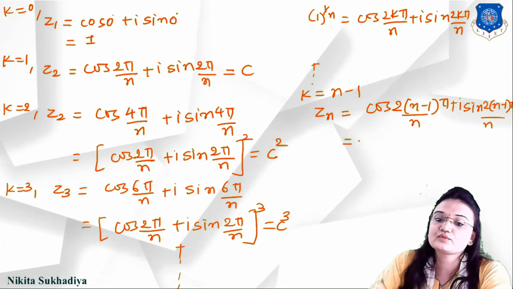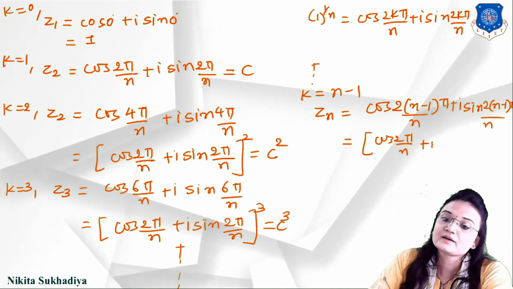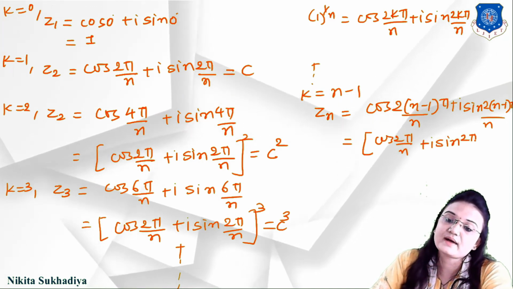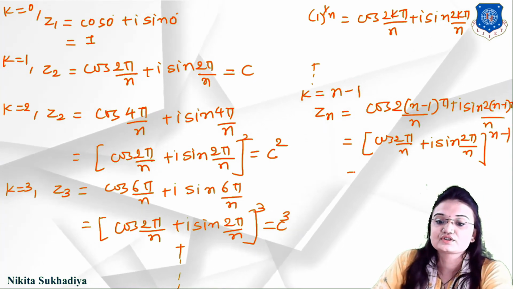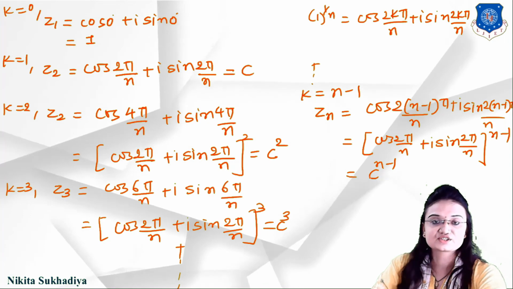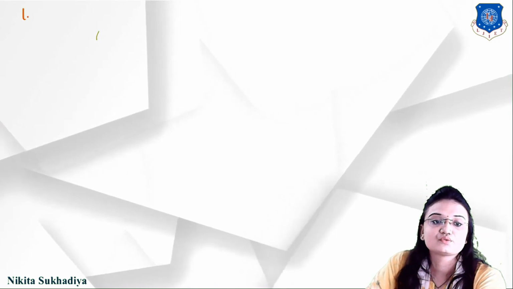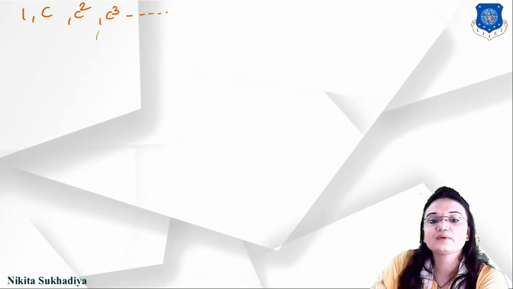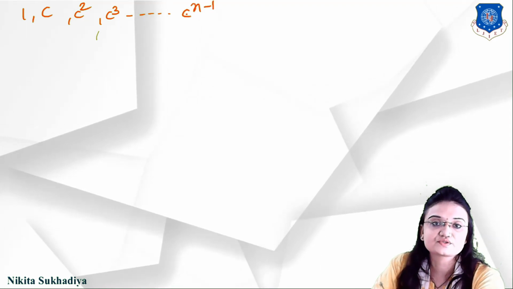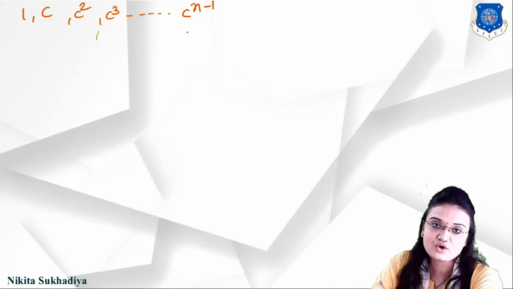Again, according to De Moivre's theorem, this is (cos 2π/n plus i sin 2π/n) raised to n minus 1, so this is c raised to n minus 1. So here we get the first answer 1, second is c, third is c squared, c cubed and up to c raised to n minus 1. You can clearly see that all our roots are in geometric progression form.